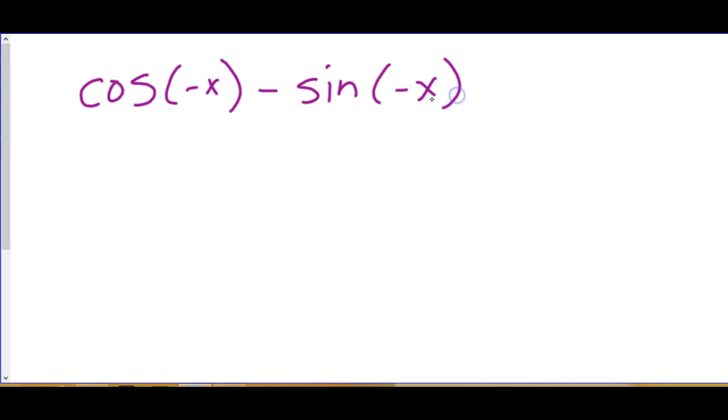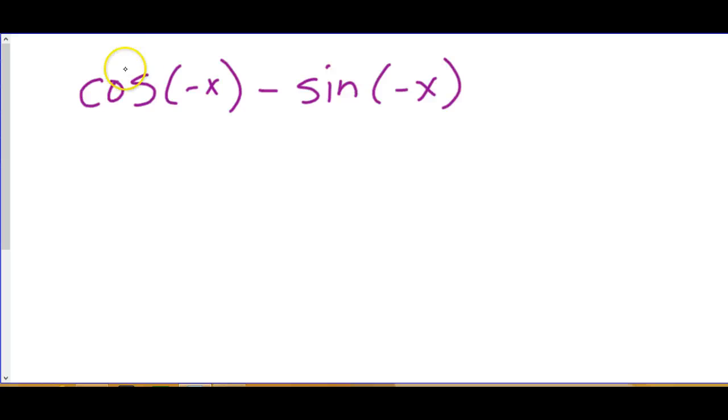So let's say we want to check cosine of negative x minus sine of negative x, and we want to decide what this will come out to be. Now we're just going to be using those formulas.